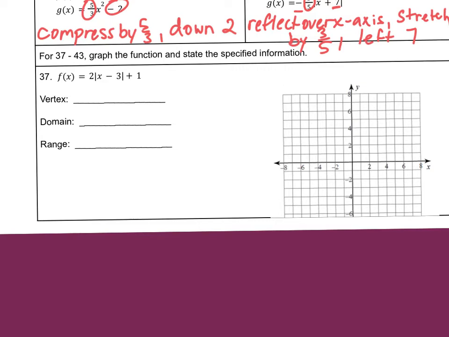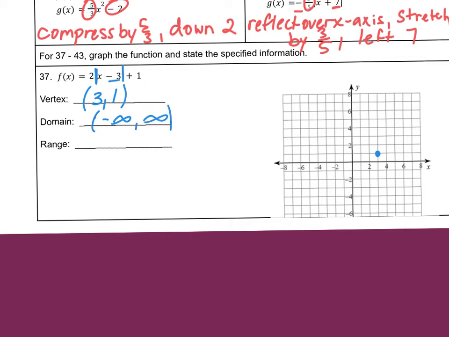Well, we see that we have these absolute value bars, right? That tells me this is an absolute value function. So my vertex is going to be opposite of h, so negative 3 is a positive 3, and my k is 1. So (3, 1). Domain is always going to be negative infinity to infinity on these.